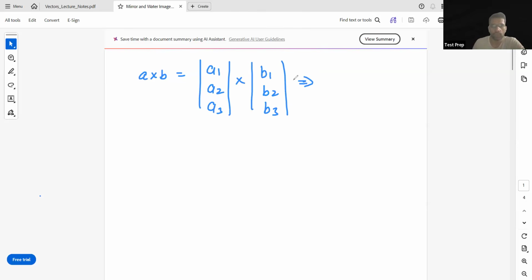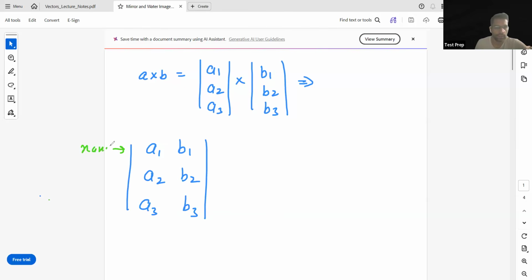How will we find out? First we will write A1, B1, A2, B2, A3, B3. So this is the x-axis.